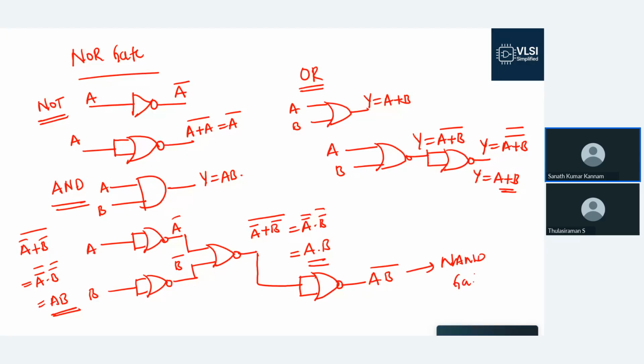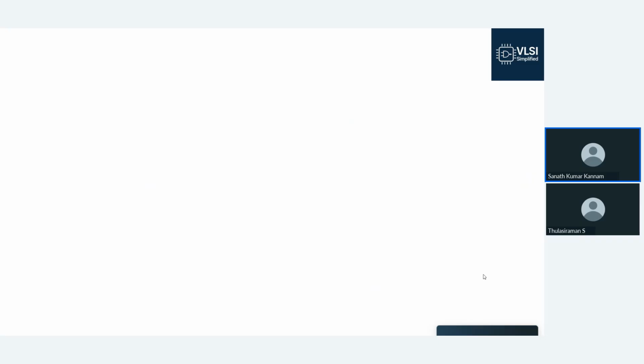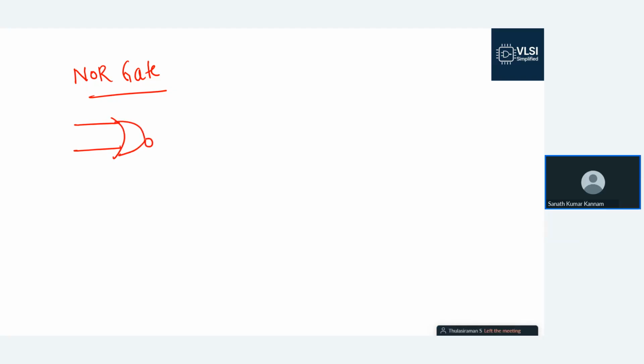And next, anyway, the NOR gate is there. We are implementing with the NOR gate itself. A B and Y equal to (A or B) whole bar. Okay.